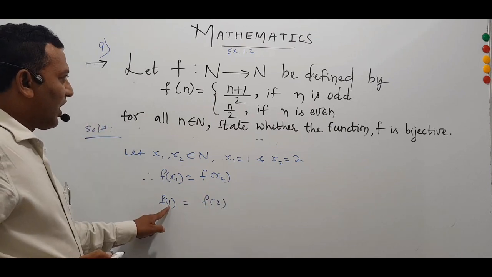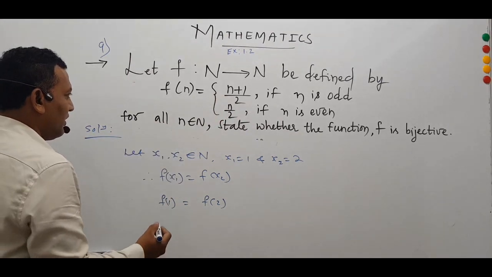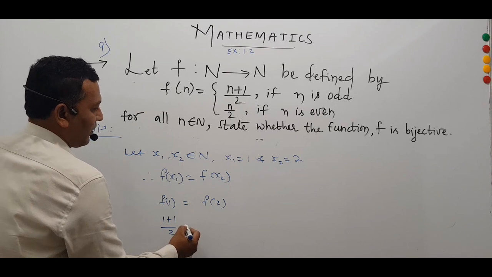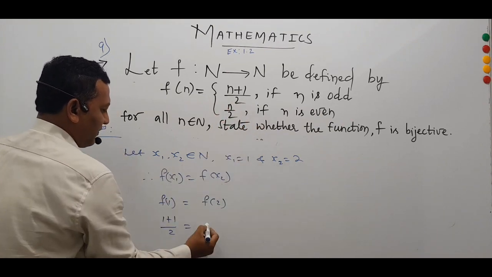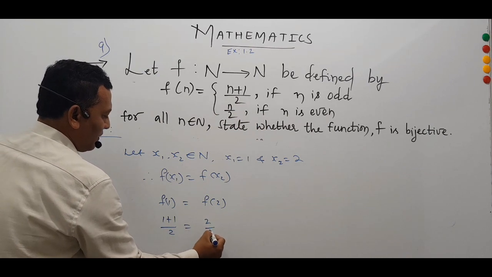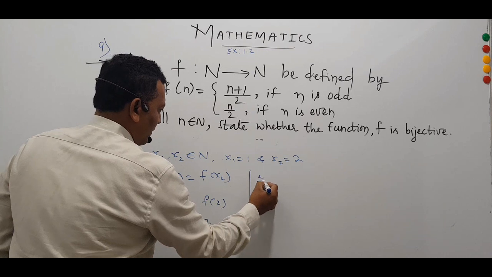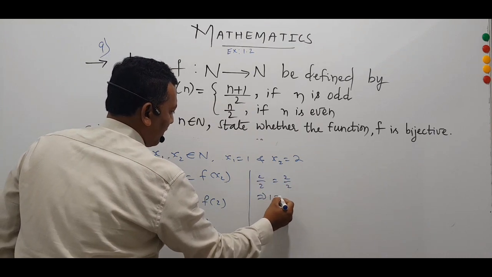Now 1 is an odd number, therefore we'll take this function. So it is (1+1)/2, which is equal to f(2). 2 is an even number, therefore we'll take this function, that is 2/2. This is 2/2 equal to 2/2, that implies 1 is equal to 1.